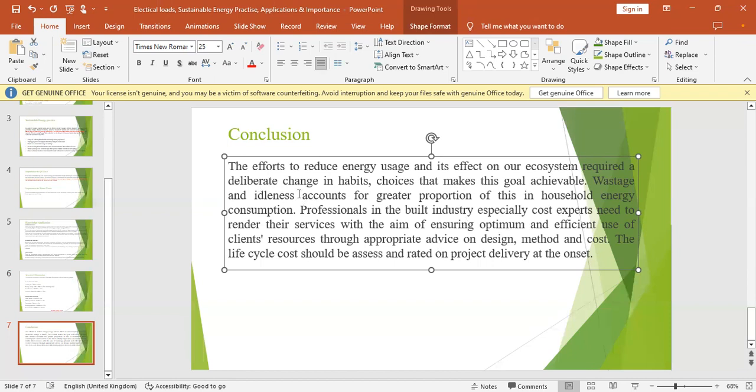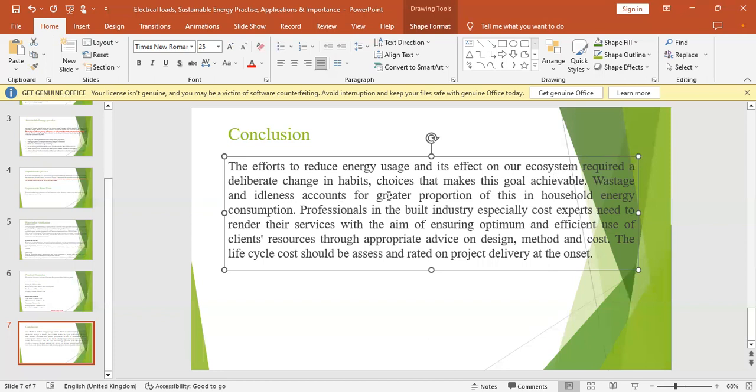Another thing is, even at the choice of using gadgets and your fittings, some fittings consume less energy than others. So all this should be considered at the point of design and at the point of equipment when you want to equip your home.